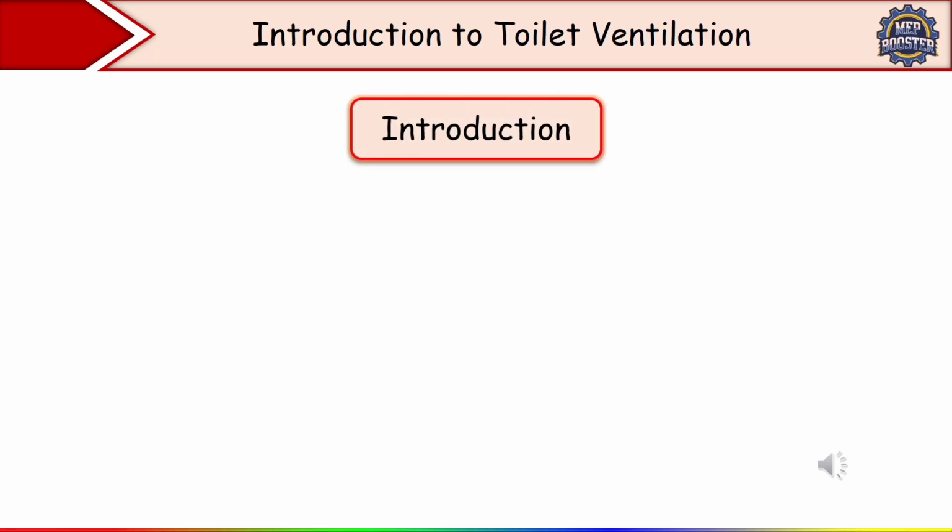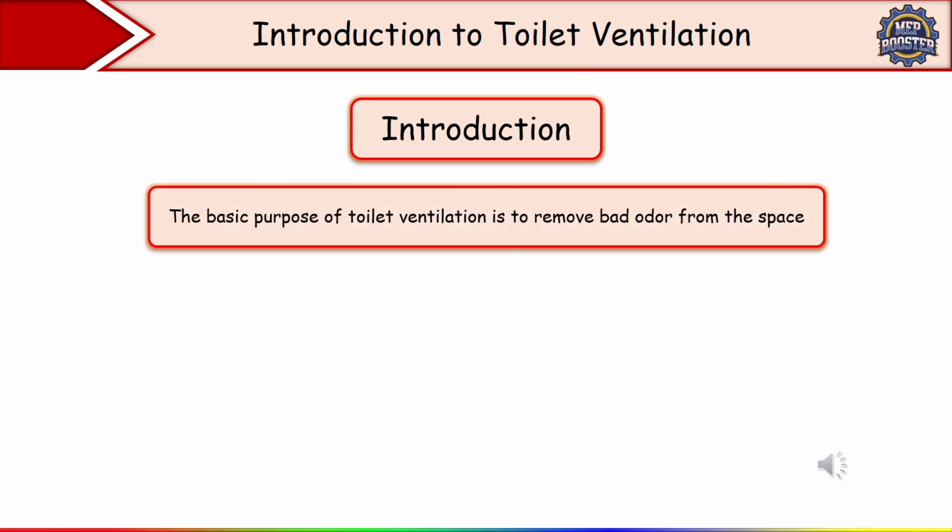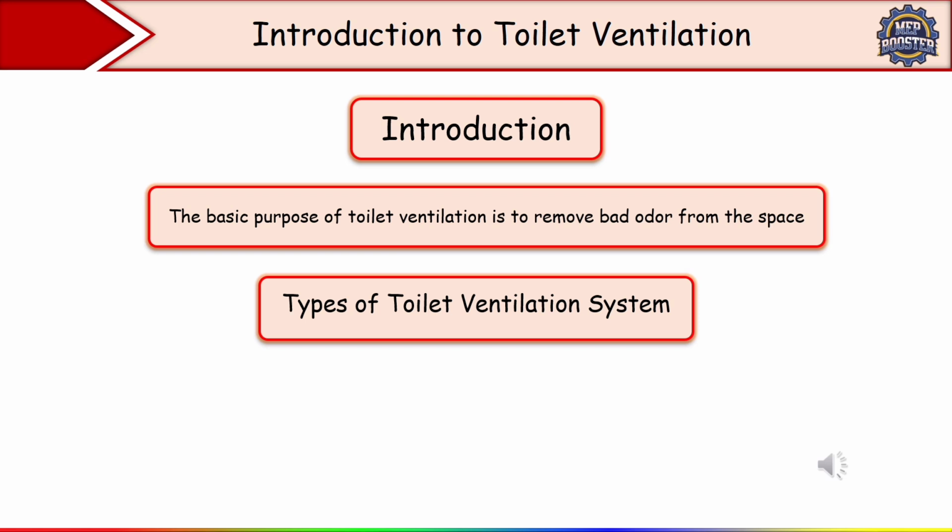Now, what is a toilet ventilation system? What is the main purpose of a toilet ventilation system? Remember, the basic purpose of a toilet ventilation system is to remove bad odor from the space. Generally in our toilet we have a bad odor, a bad smell.